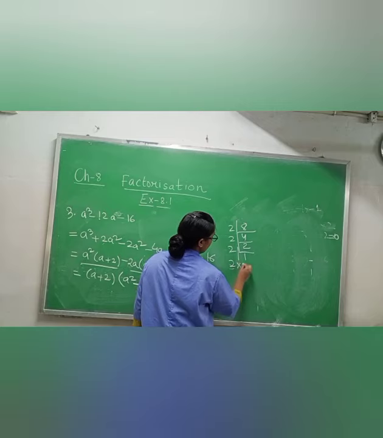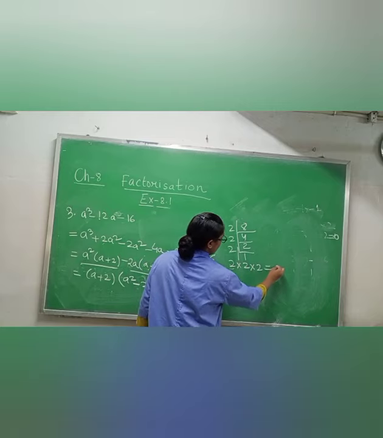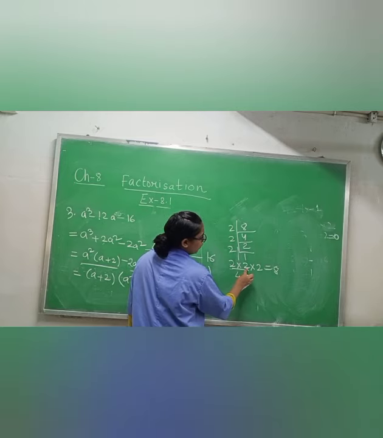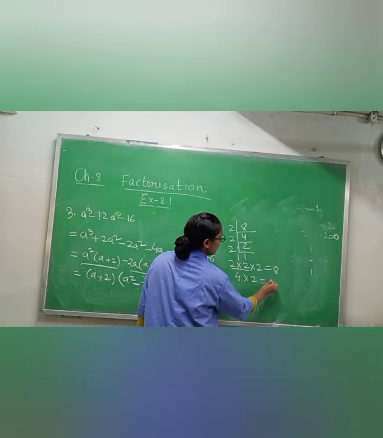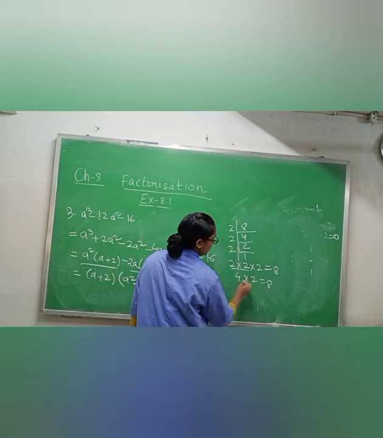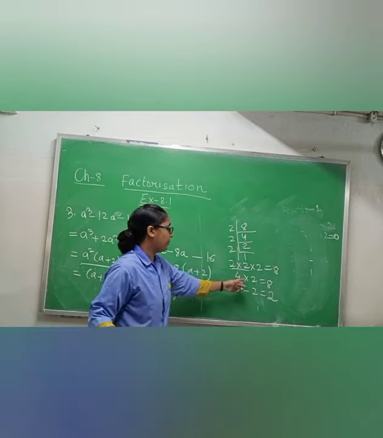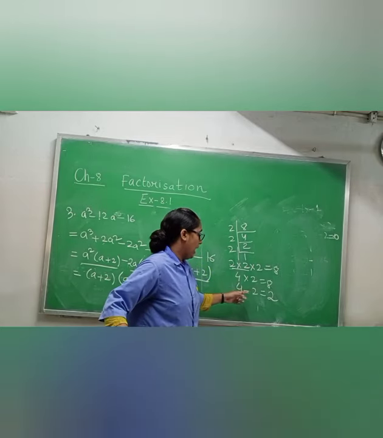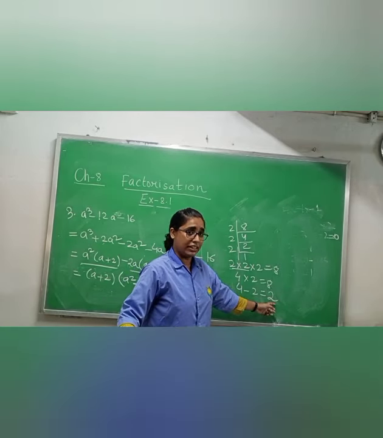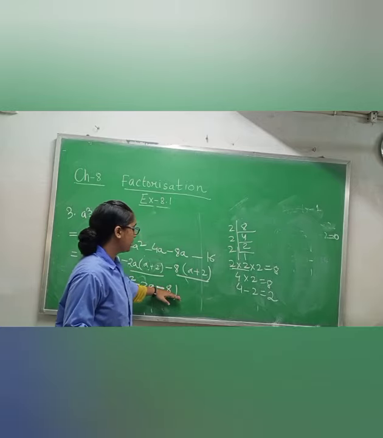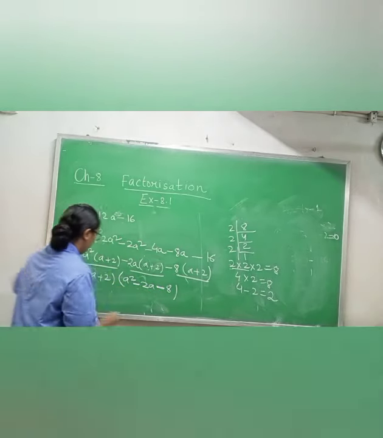Means you are getting 2 into 2 into 2. Now 4, 2 2s are 4. 4 into 2 you will get 8, and if you subtract 4 minus 2, you will again get 2. See, after multiplication you are getting 8, after subtraction you are getting 2. So this is the rule only.